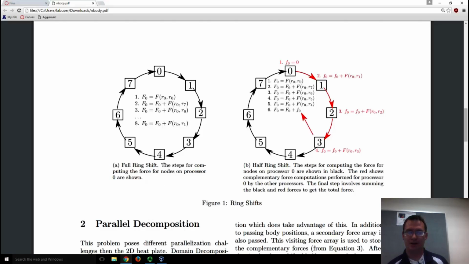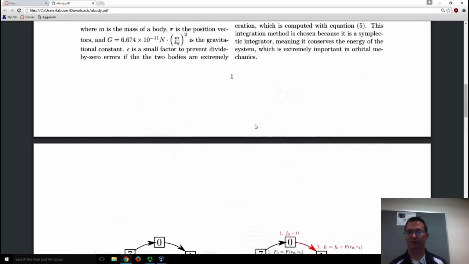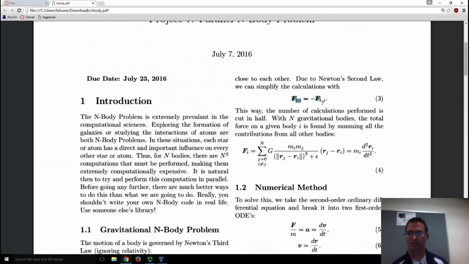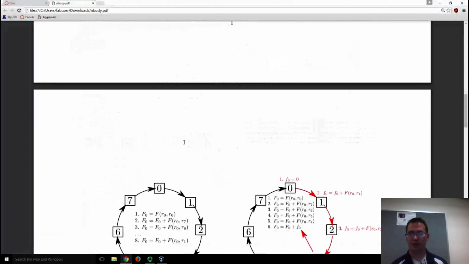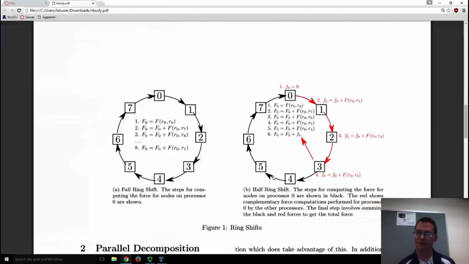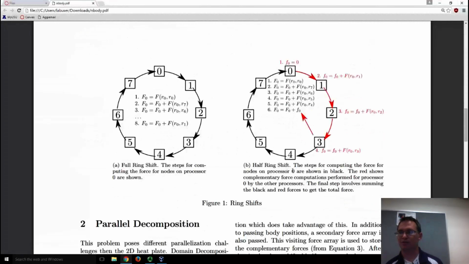However, this approach does not take advantage of Newton's second law. So there's another way to do it, which is the half ring shift. In this case, you don't just send the bodies, but you also send a complementary force array along with the bodies. So that's what I have detailed here: processor 0 sets his complementary force array to 0, and he passes his bodies to processor 1.